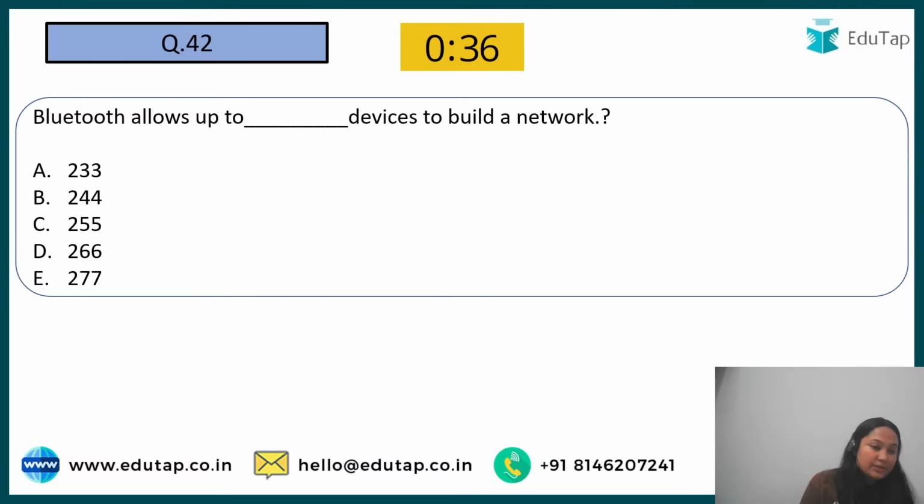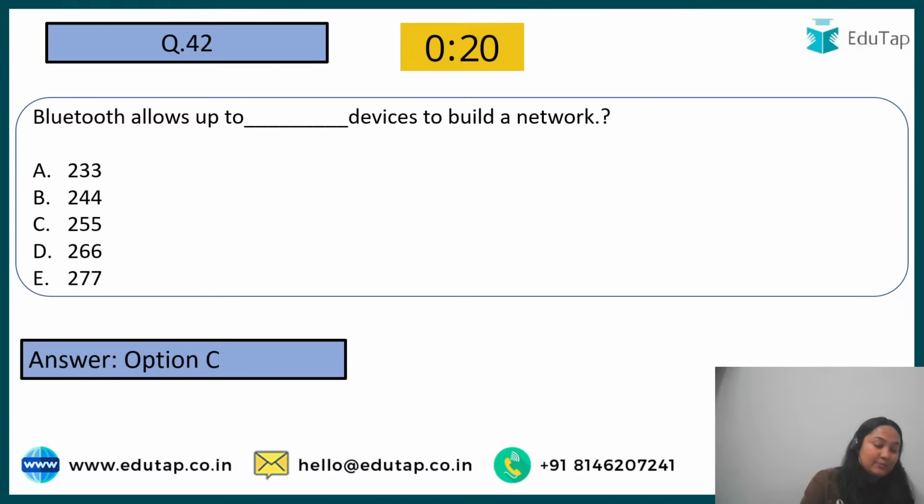Is it option number A, 233, 244, 255, 266, or option number E, 277? What will be the correct answer? Option number C, that is absolutely correct. Up to 255 devices can be connected through the Bluetooth network to make a network.